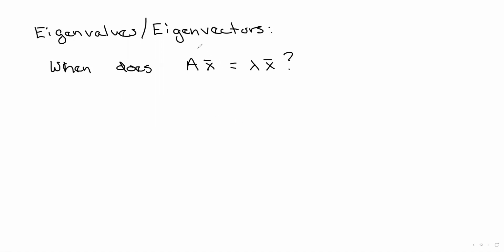All right, so here on the left-hand side, we have a matrix multiplied by a vector. And on this side, we have a scalar multiplied by a vector. And the question is, when do we end up getting the same value?